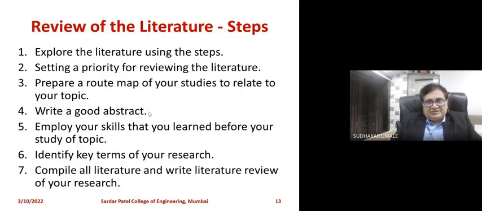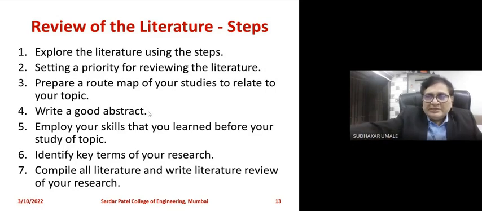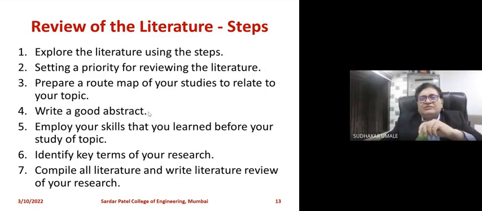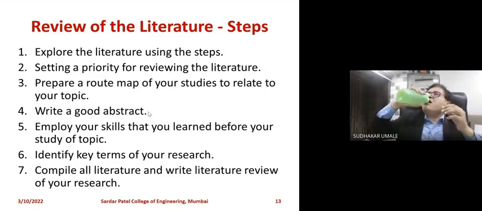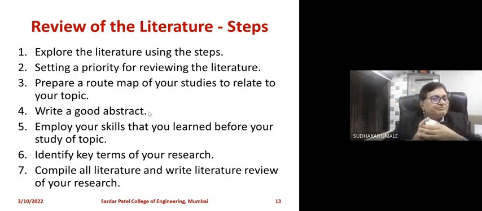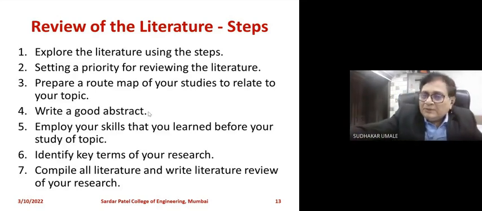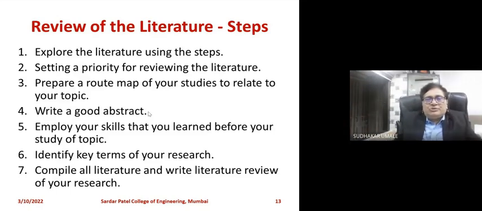And hence later on you are able to review your literature. During the review of the literature, you have some specific steps. What are the different steps of review of literature? One is explore the literature using the steps. So exploring the literature is very important, because if you explore the literature, then definitely you will get the problem solutions.